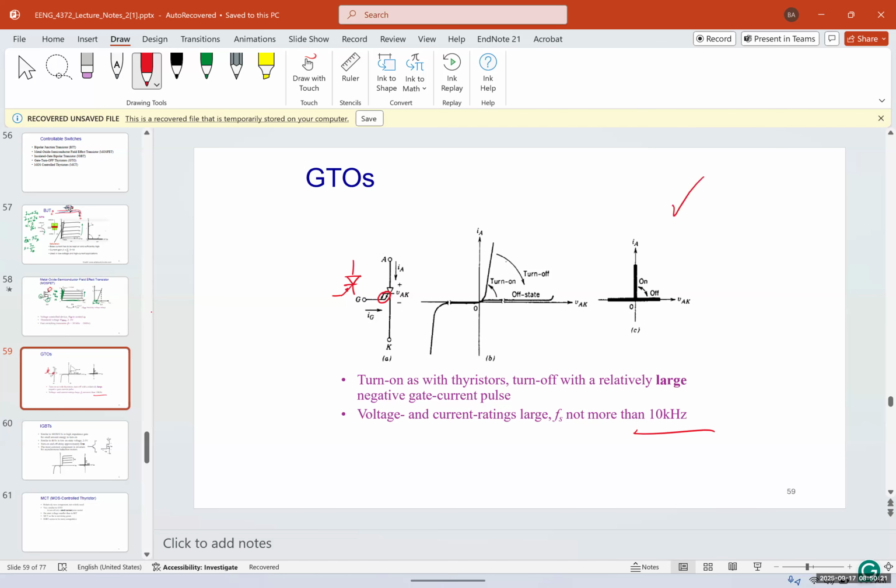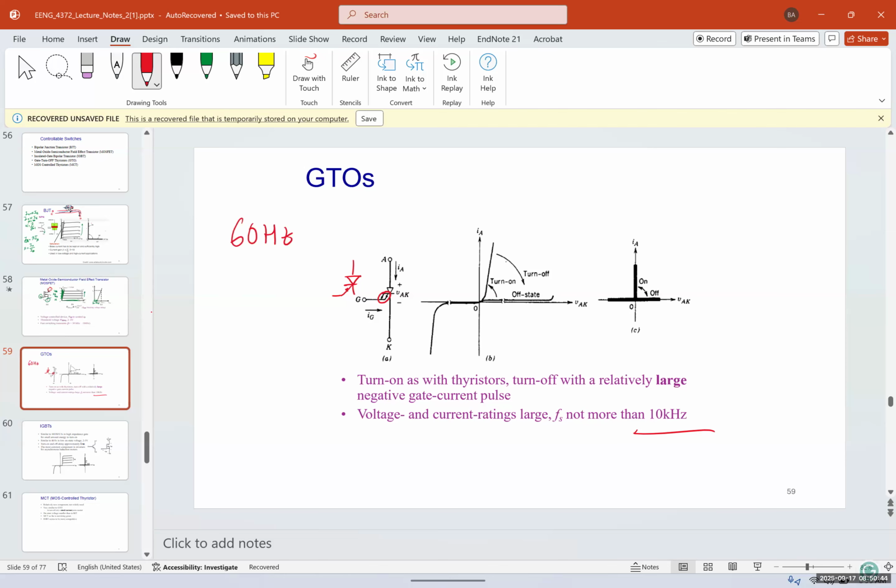Can you give me an application for this one, the GTOs? Where do we need very high voltage, very high current, but low frequency? Yes, the power outlet frequency, which is 60 hertz.